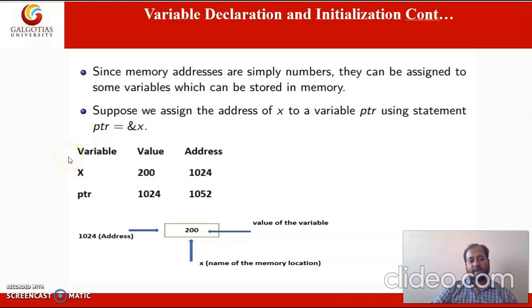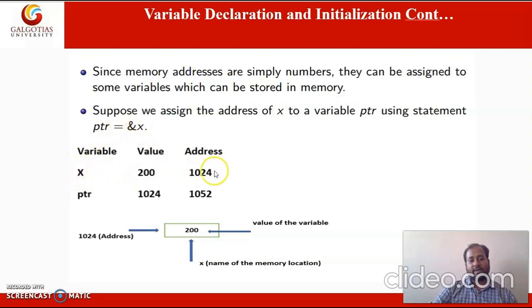So as I said earlier, three things are involved while declaring the variable. One is name of the variable, next is value of that variable, and address of that variable. So here in this statement what we are doing, we are assigning address of x to ptr.